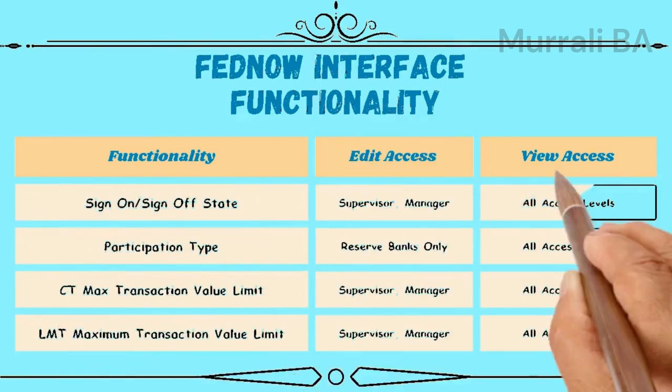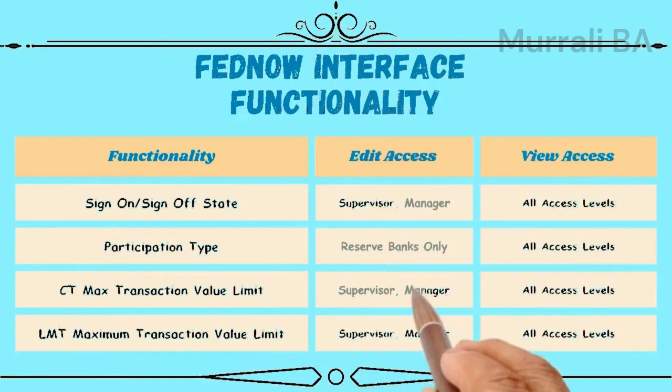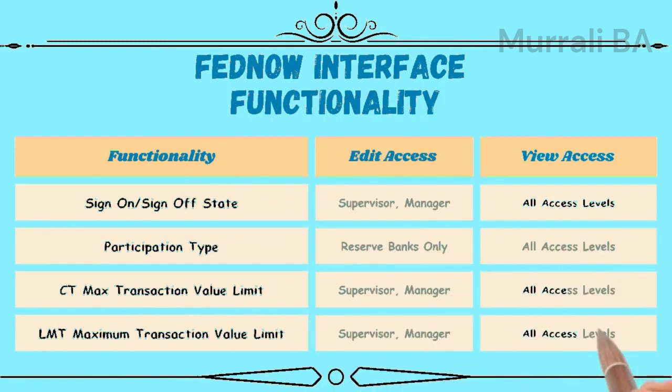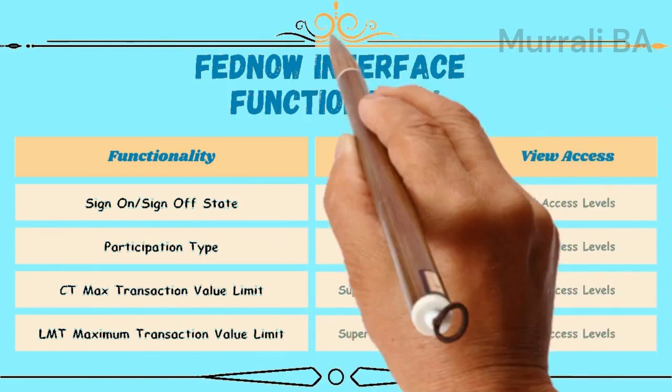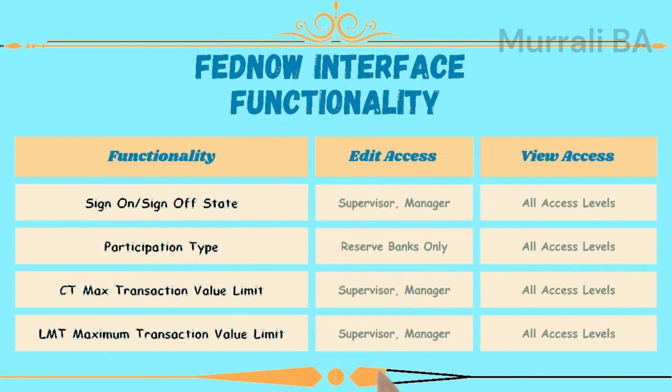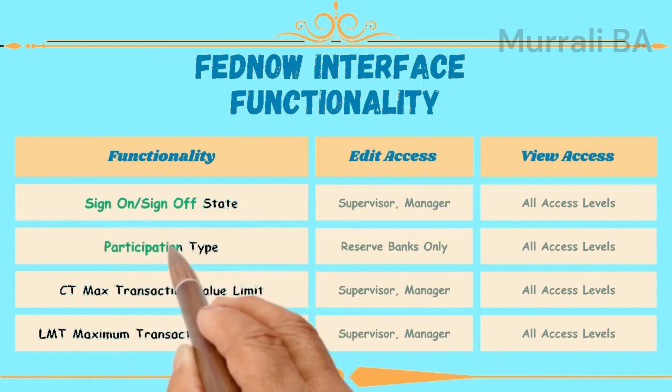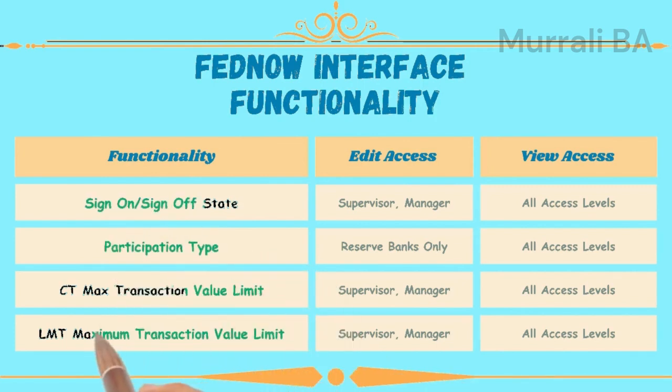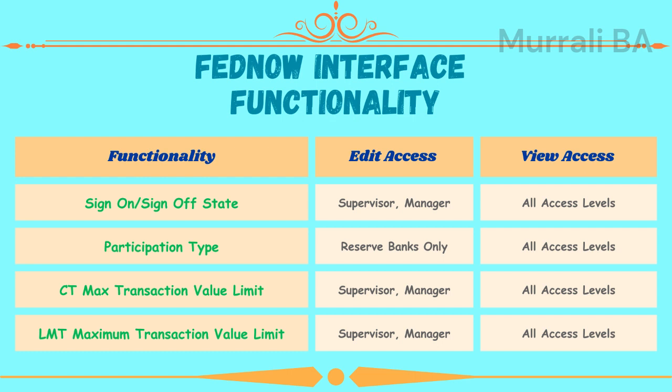Sign on, sign off state, credit transfer maximum transaction value limit, and liquidity management transfer maximum transaction value limit. These have edit access provided to the supervisor and manager, and all other users have view access. And next one is the participant type. This participant type can only be modified by the Reserve Bank, and all other bank users have the read-only access.